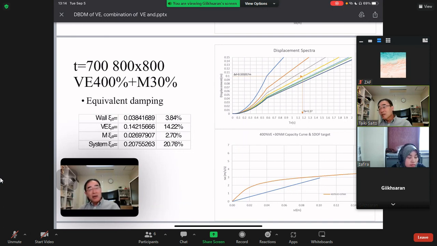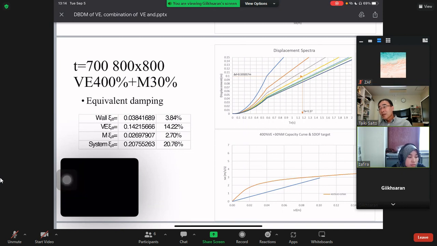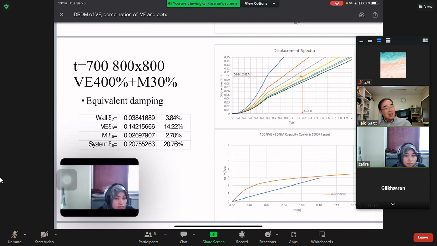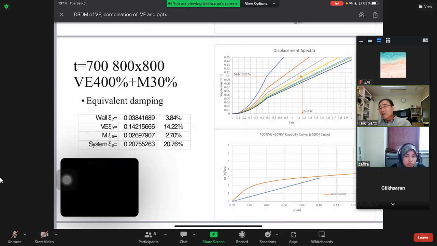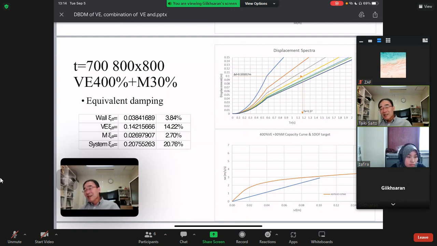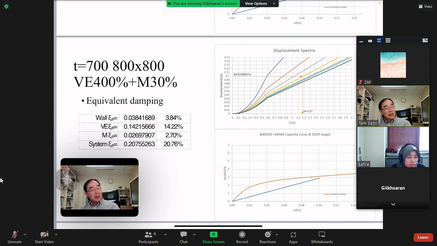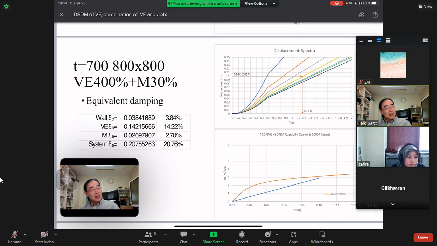And also how to calculate damping coefficient. There are many uncompleted items. We can proceed many buildings, but I want to solve the problem one by one.